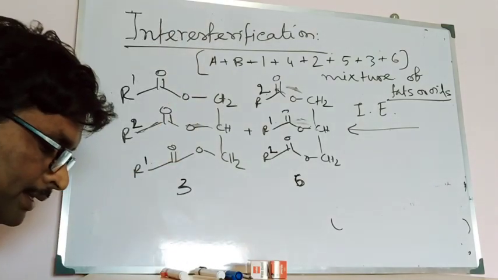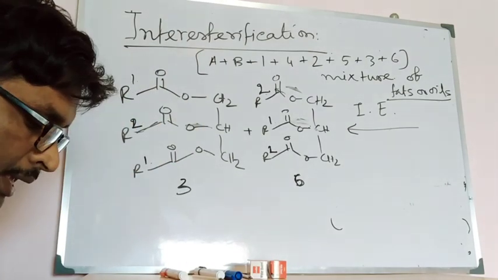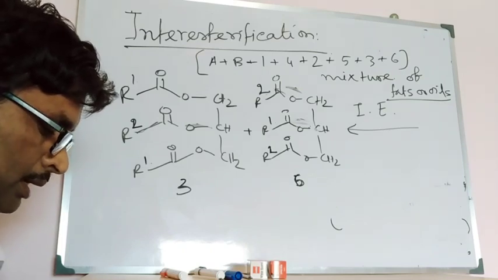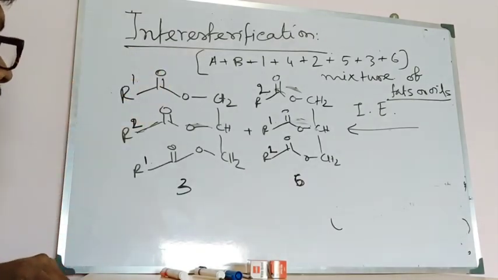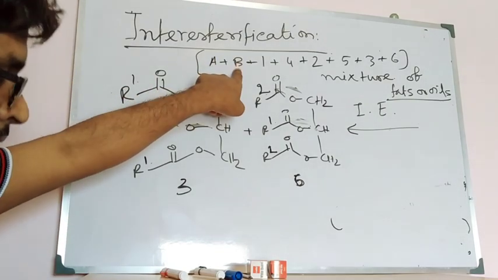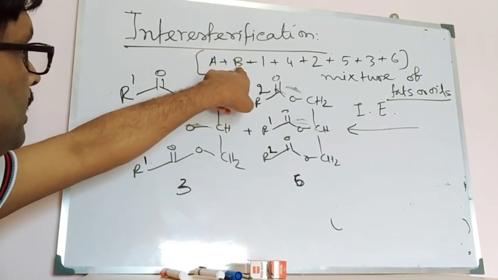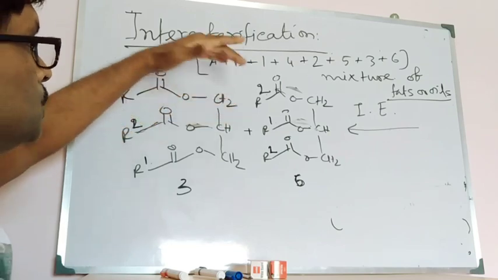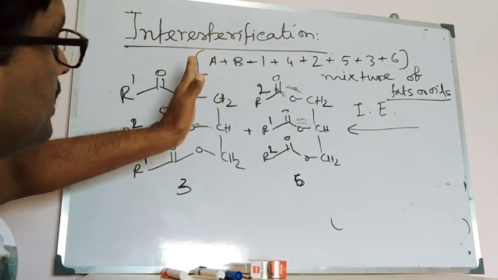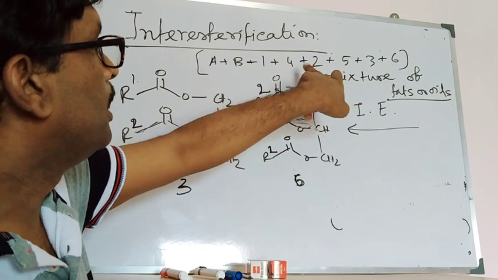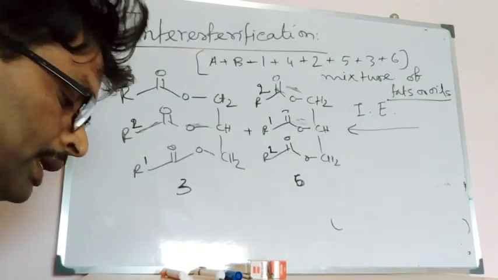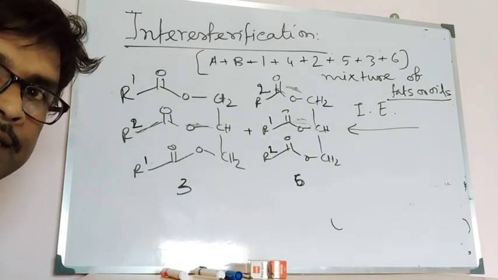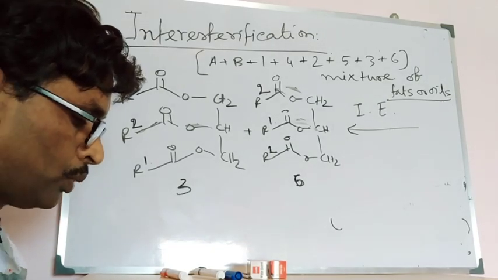So if we take the example of trioleine, which has a melting point of minus 4 degrees centigrade, that is A, and we take tristearin, which has a melting point of plus 72 degrees centigrade. After interesterification, we get A, B, 1, 2, 3, 4, 5, 6. So clearly the melting point is in between these two, that is minus 4 degrees centigrade and plus 72 degrees centigrade.